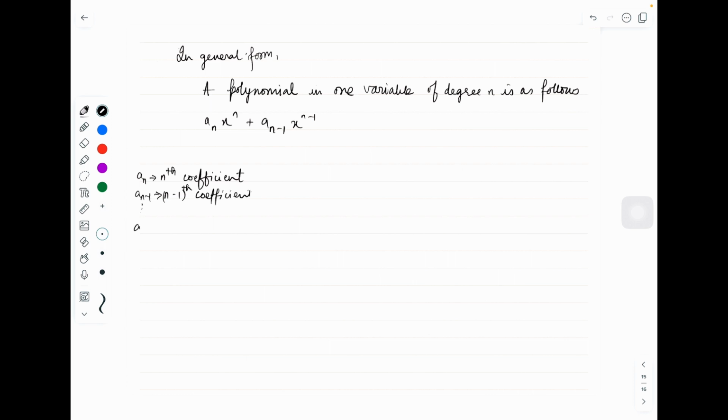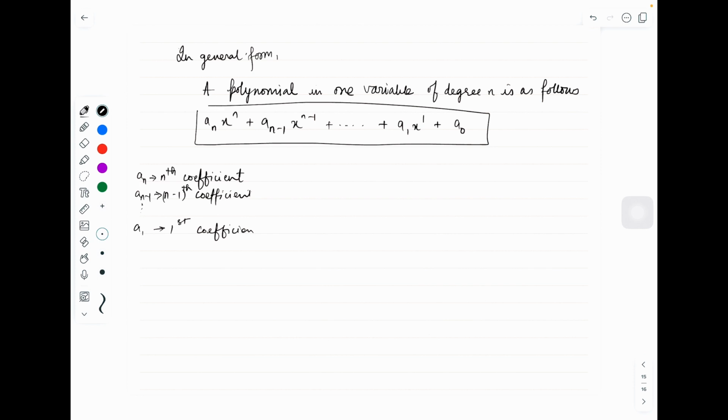Similarly, a1 means the first coefficient. You getting it? Nth coefficient means the coefficient related to x to the power n. Okay, so this will continue till what? a1 x to the power 1 plus a0. So this is a polynomial in one variable of degree n.